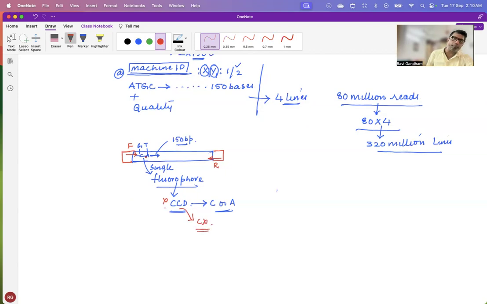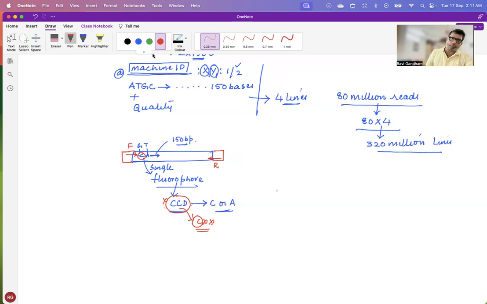Once again, I'll repeat. If a single C is added, the quantum of fluorescence emitted by a single C will not be enough to be read by a CCD camera and recognized as a C in the process of sequencing.